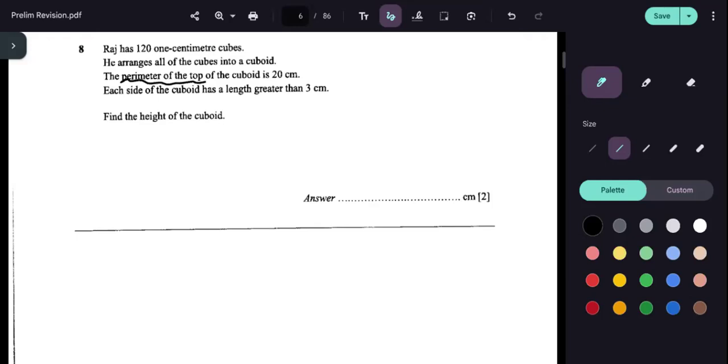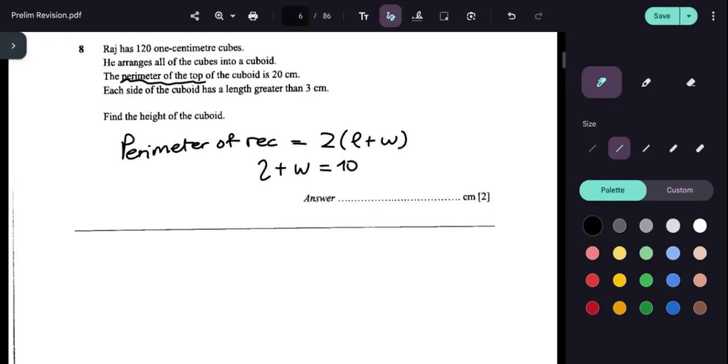So let the length be L, let the width be W. The perimeter of the rectangle is 2 times the length plus the width. So the length plus the width is 10. Also your length and your width must be greater than 3.